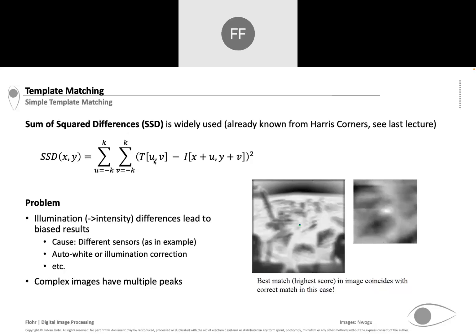We are interested in the lowest differences, so in this particular example we would like to identify the maximum intensity in that image. And accidentally, this corresponds also to the right value here.